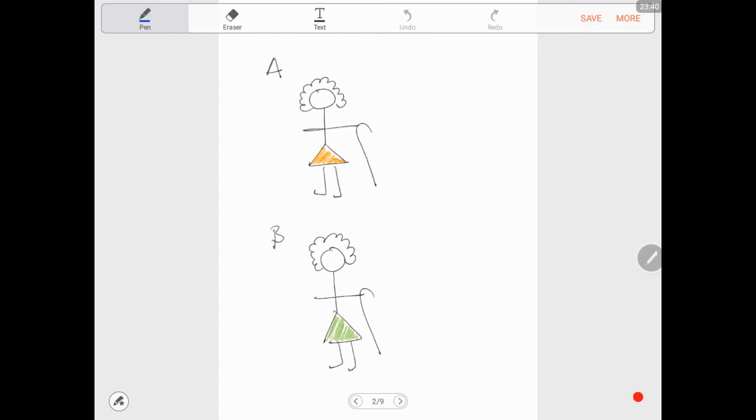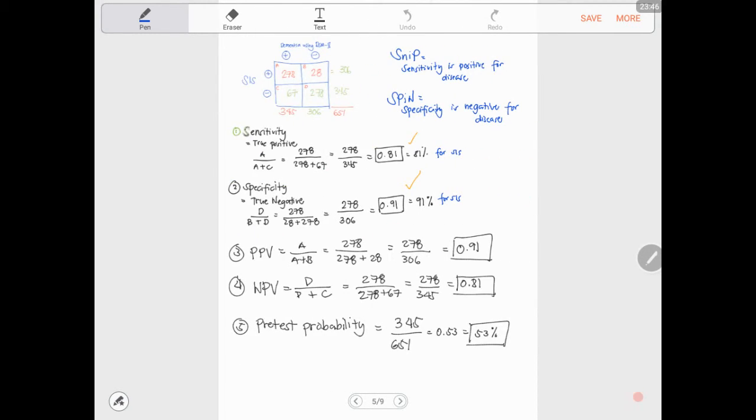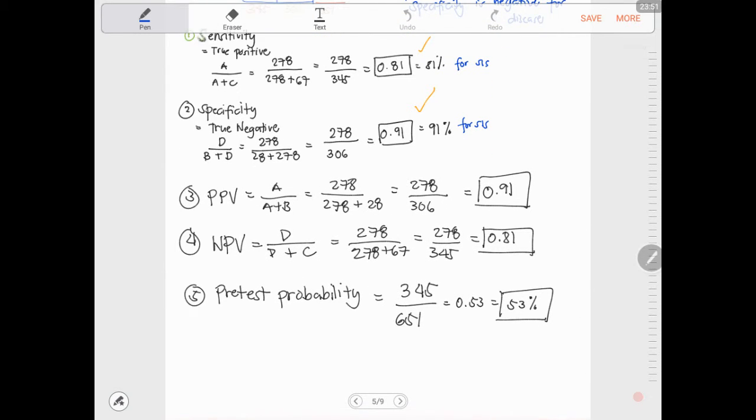That's what pretest probability is. Okay? So, balik tayo. Again, we have to calculate for the pretest probability. And for this particular test, the pretest probability is 53%.